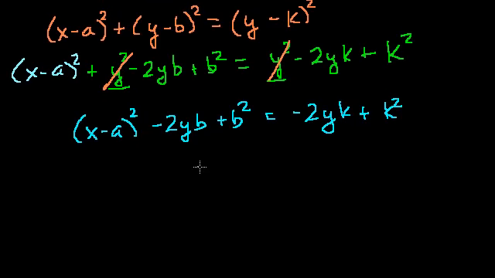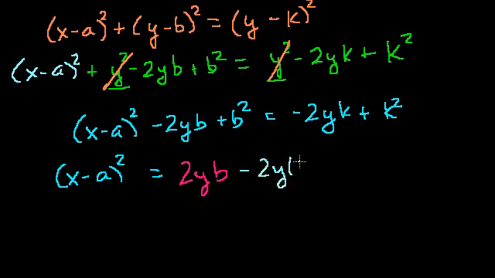Now what can we do? Let's take all the y's and the constants on one side of the equation. So if we move both of these terms onto the right-hand side, we want to add 2yb to both sides, so we get x minus a squared is equal to, I'm moving both of these terms to the right-hand side. So if we add 2yb to both sides, then we'll have a positive 2yb on the right-hand side, and then we'll have that minus 2yk right there.